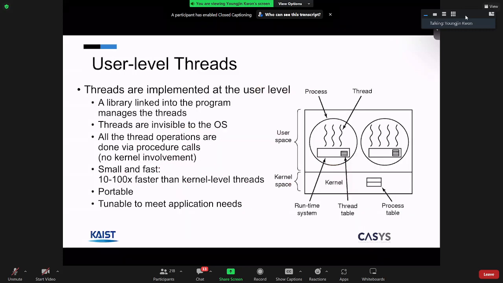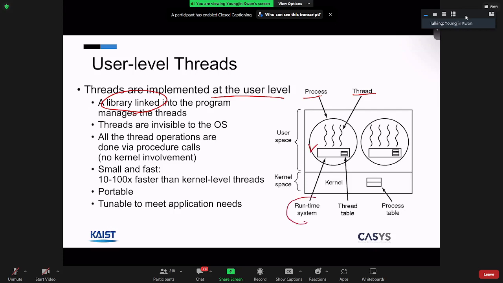The other way is user level thread implementation. Thread is implemented at user level. What do we mean by user level? A library, linked into the program. So it's a single process thread. In the figure, where does the thread table exist? At user level. Okay.